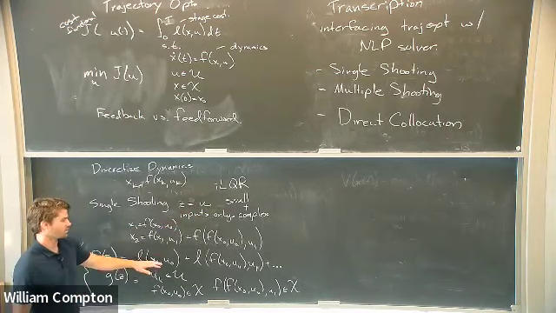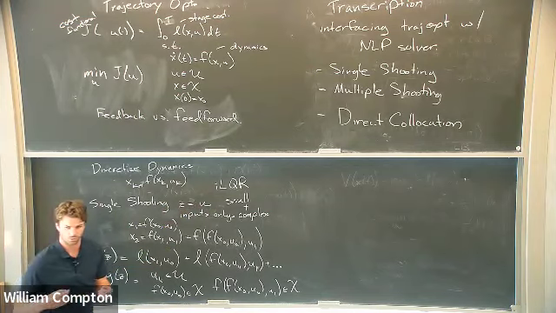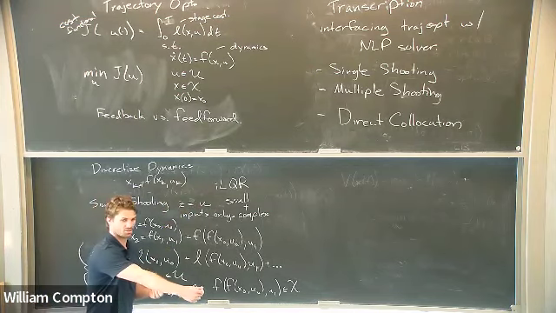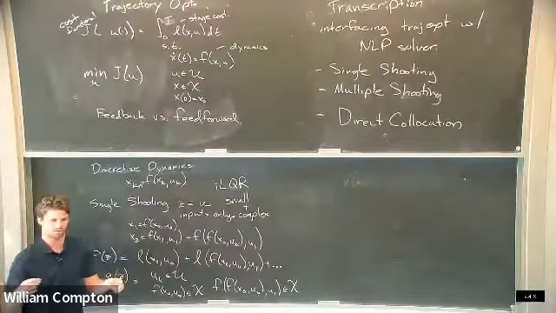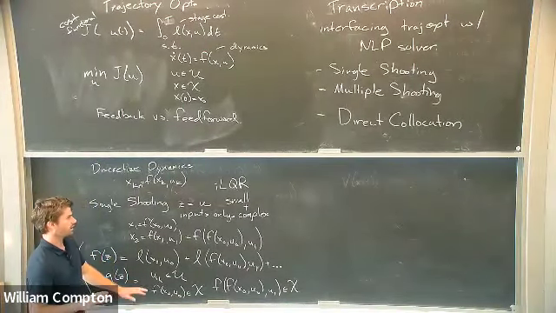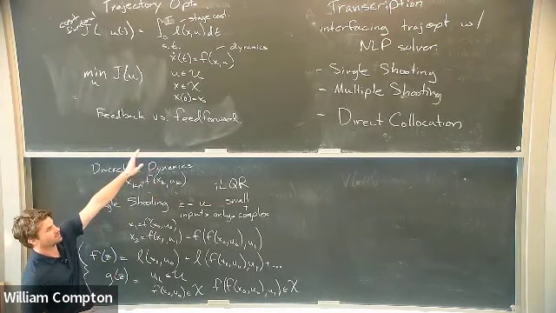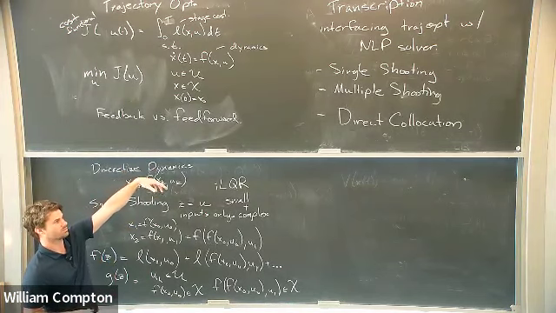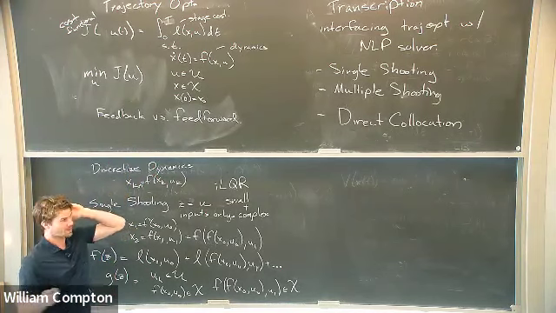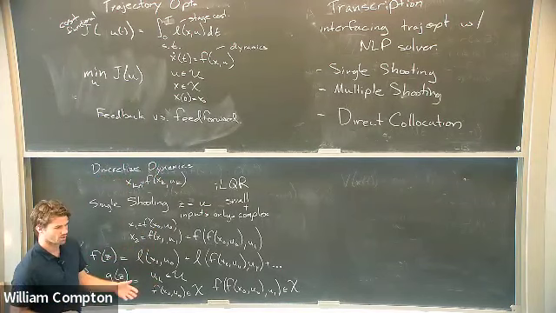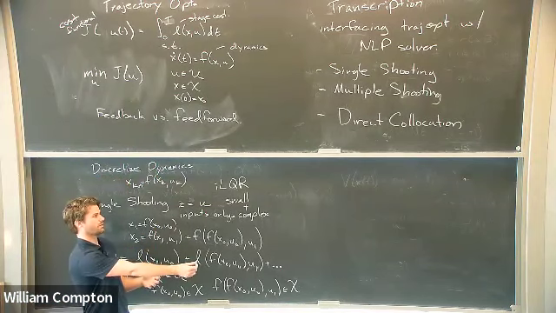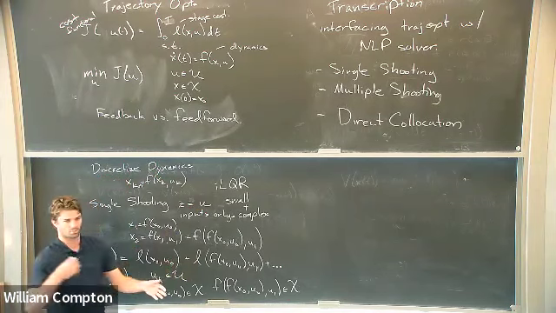And iterative LQR uses this same scheme for a forward rollout, but then it uses LQR to do a backwards pass on the optimization. I'm not going to go into the details, but ILQR is not even really a transcription method as much as it is a solution method. It's a solution method that leverages this structure to go forward, and then leverages a structure like LQR to go backward.